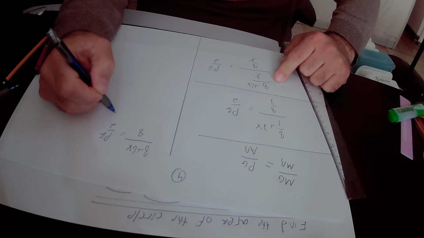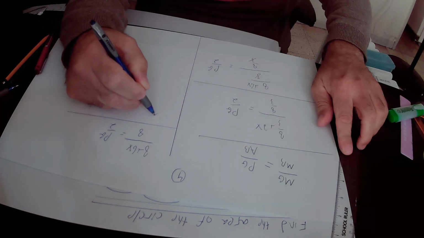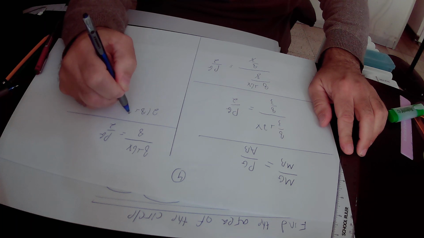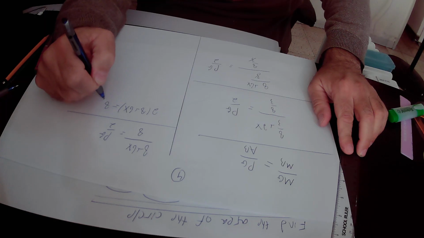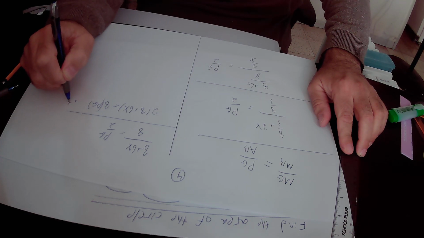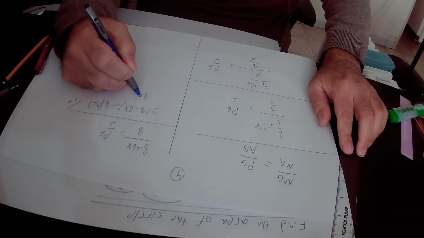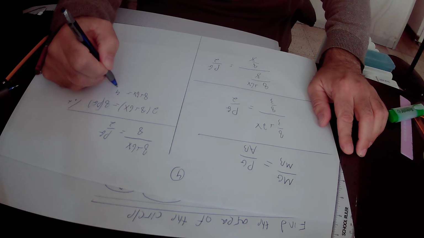We'll cross multiply this equation, and finally we get that 2 times 8 plus 6x equals 8 times PG. We divide this equation by 2, and we get that 8 plus 6x equals 8 over 2, which is 4, PG.